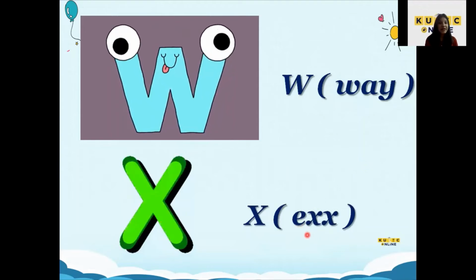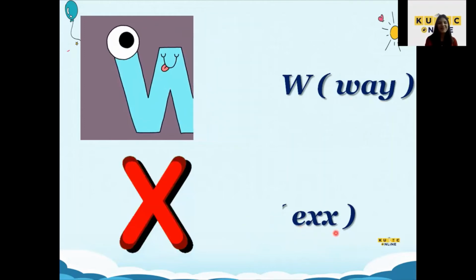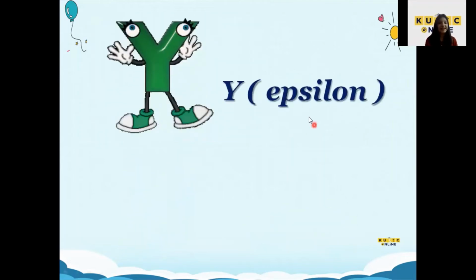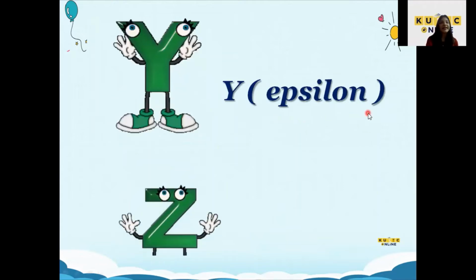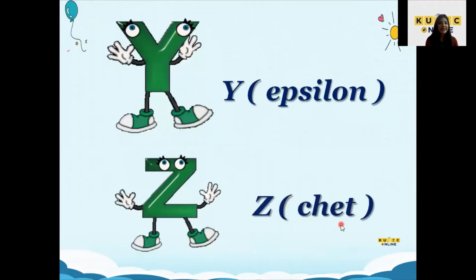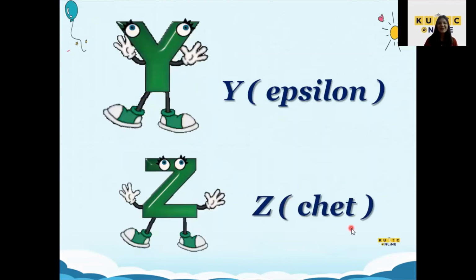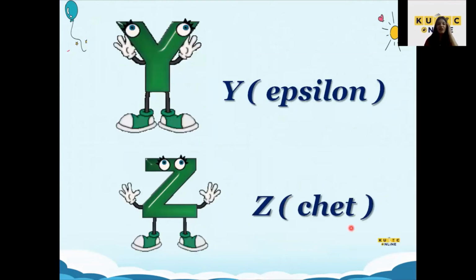X. Good. The next letter is Epsilon. And the last letter, Set. Good. Now you know the alphabets in German from A to Z.